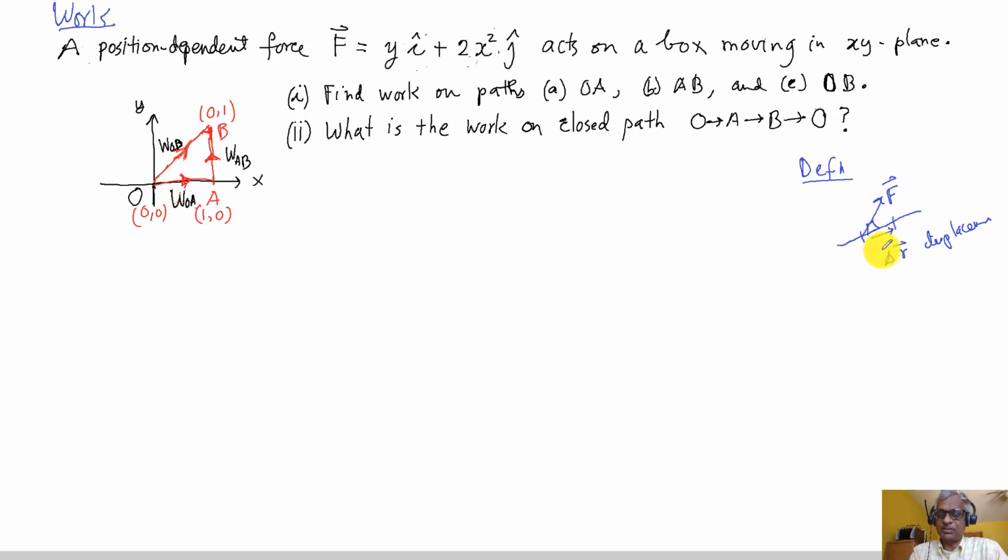Other forces may be acting on it, but the work done by this F is F dot delta r.